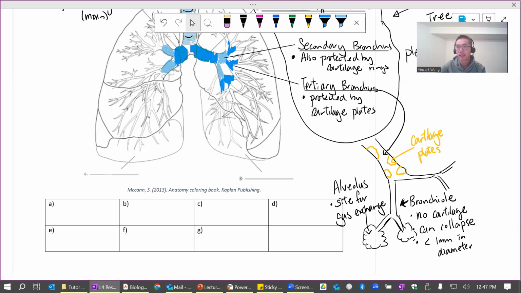Okay, we talked about that last time. So that's that. Now C over here is nothing special. Okay, C is just the left lung, and then this is the right lung. That's all.